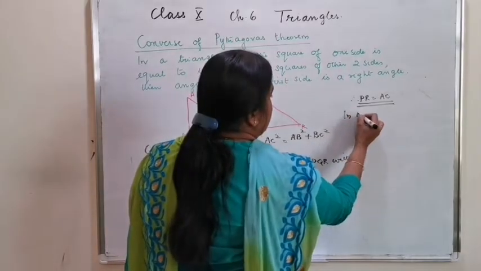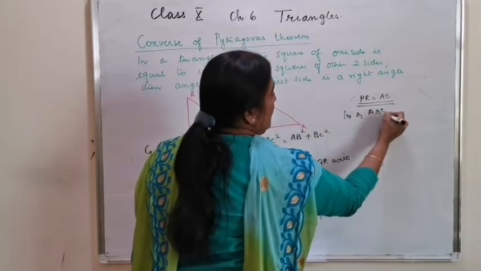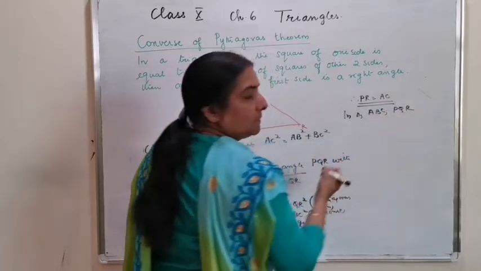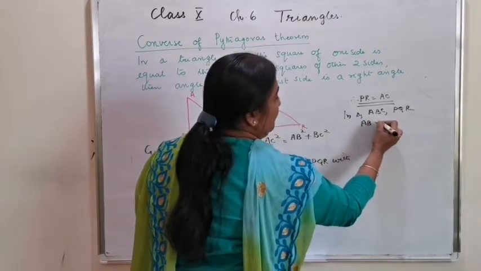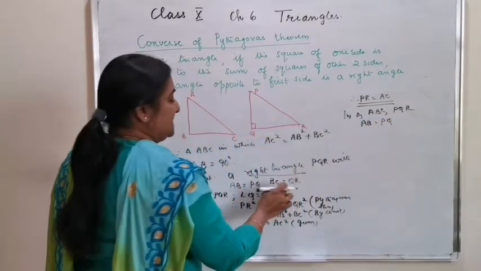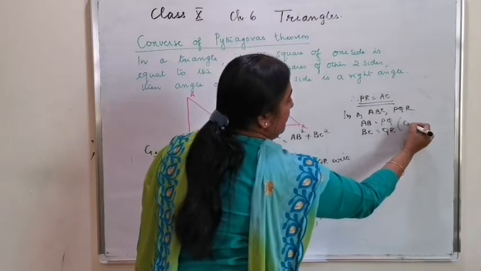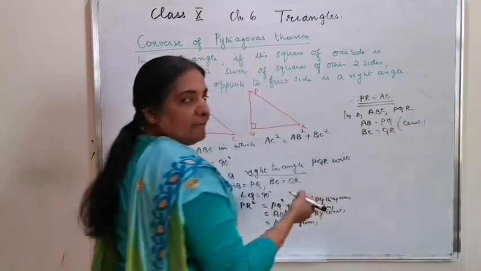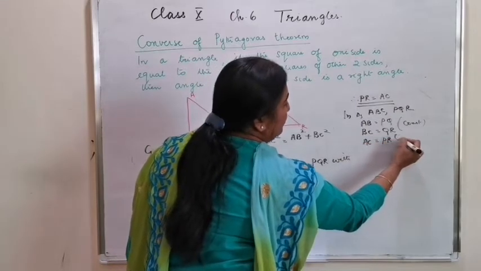In triangles ABC and PQR, AB is equal to PQ and BC is equal to QR by construction, and AC is equal to PR, which you proved.